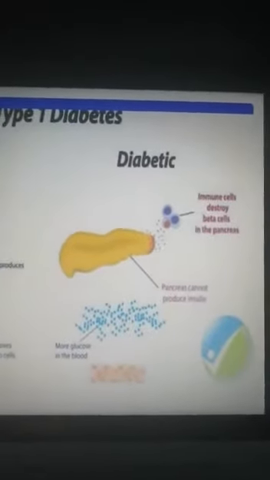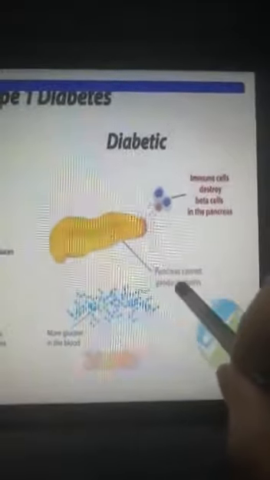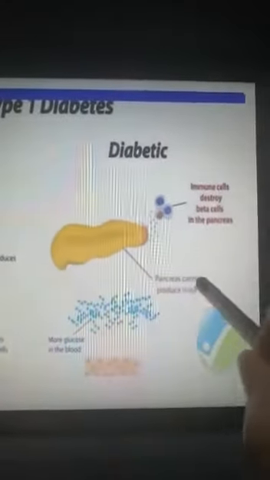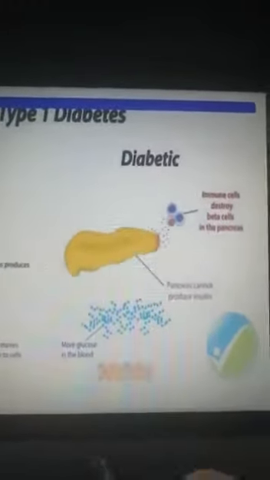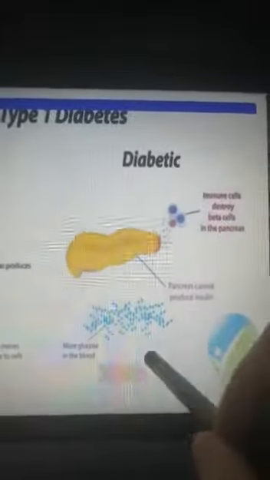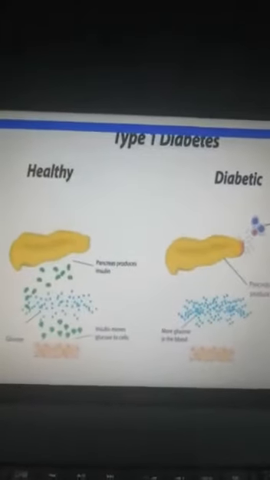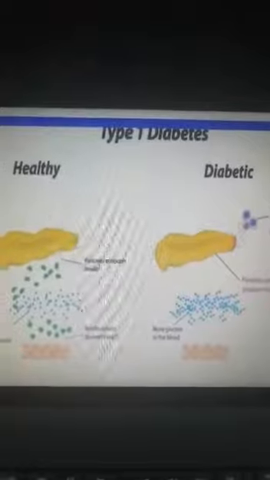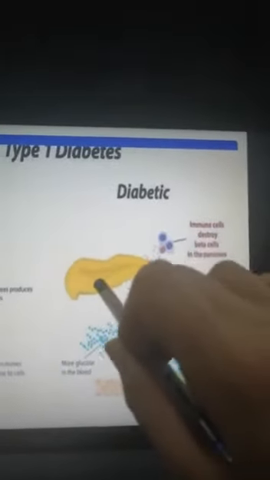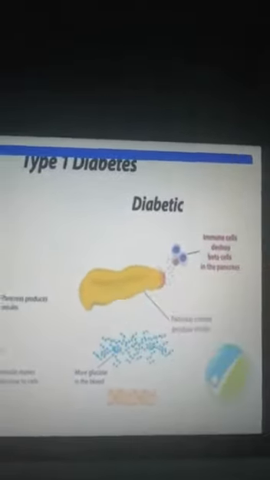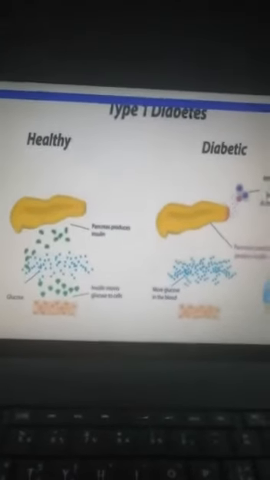So the result is the pancreas can't produce insulin, and so there is more sugar in the blood. So healthy person, the pancreas produces insulin. But diabetic person, the pancreas can't produce insulin. Okay?